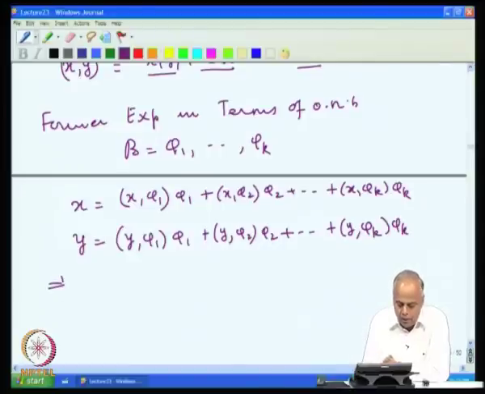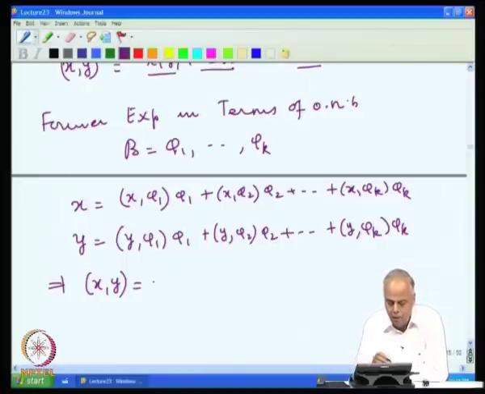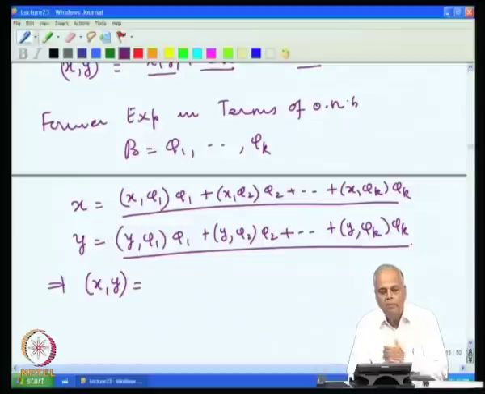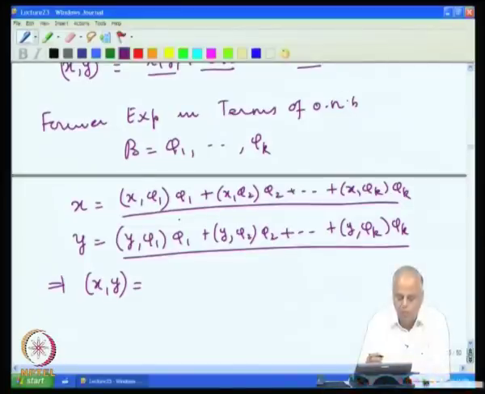Now, if I take the dot product of x and y, I will have to take the dot product of this sum with respect to this sum. When we take the dot products, the cross terms go away, because phi i comma phi j will be 0 if i is not equal to j, and the direct terms, phi 1 comma phi 1, will give you 1.